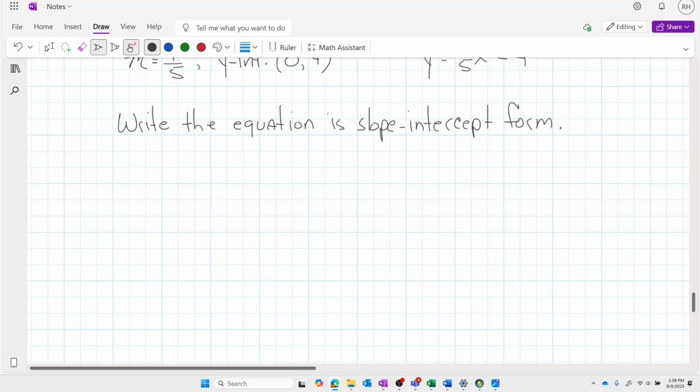So let's say you're given 5x minus 4y is equal to 16.